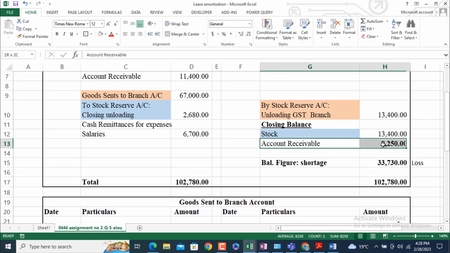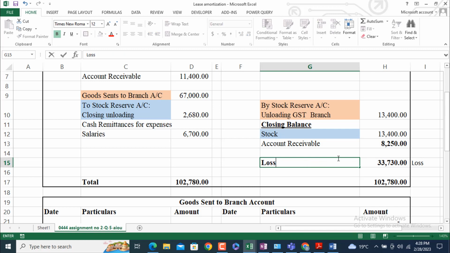Here you notice that it is coming from the debtor account or account receivable account, which is a balancing figure. I will show it in the coming few minutes. So this is our balancing figure or shortage. You can label it as loss.